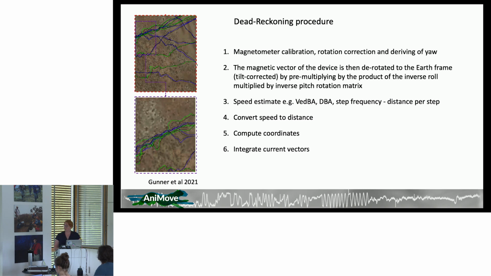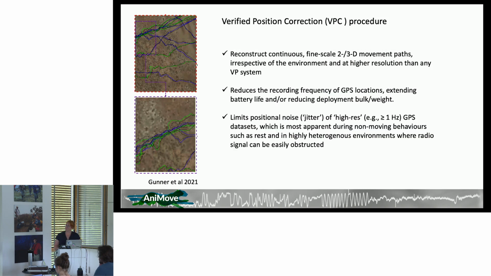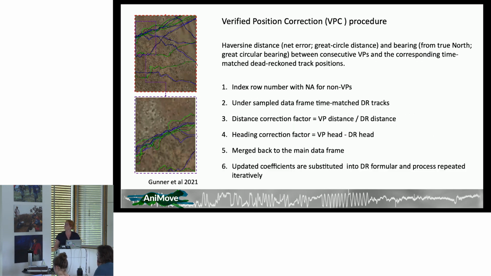But you can also use it to correct your GPS. Knowing about all of the errors that we have in GPS, you can work between the two processes of GPS and dead reckoning to verify your positions. The process for doing that is also in the slides, but I won't go through that now.